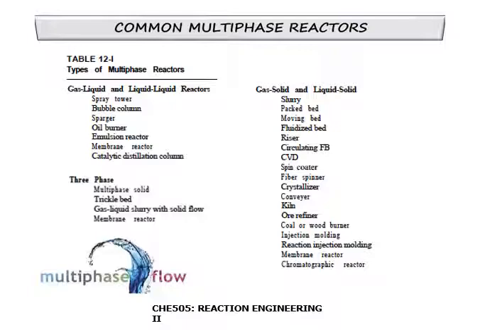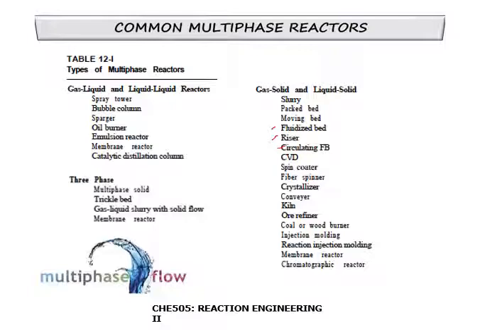Examples of gas liquid and liquid reactors could be a spray tower, bubble column, sparger, oil burner, emulsion reactor, membrane reactor, catalytic distillation column. For gas solid and liquid solid, it's slurry reactor, packed bed, moving bed, fluidized bed, riser, circulating fixed bed.